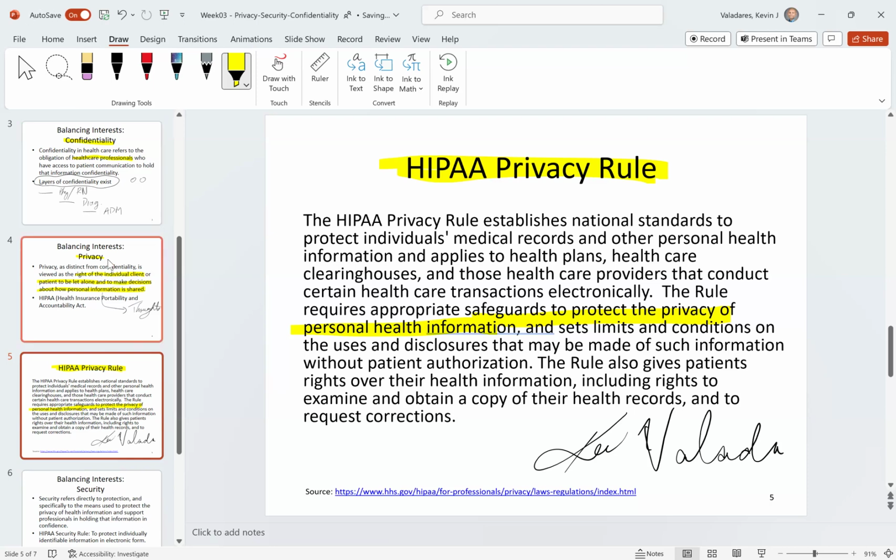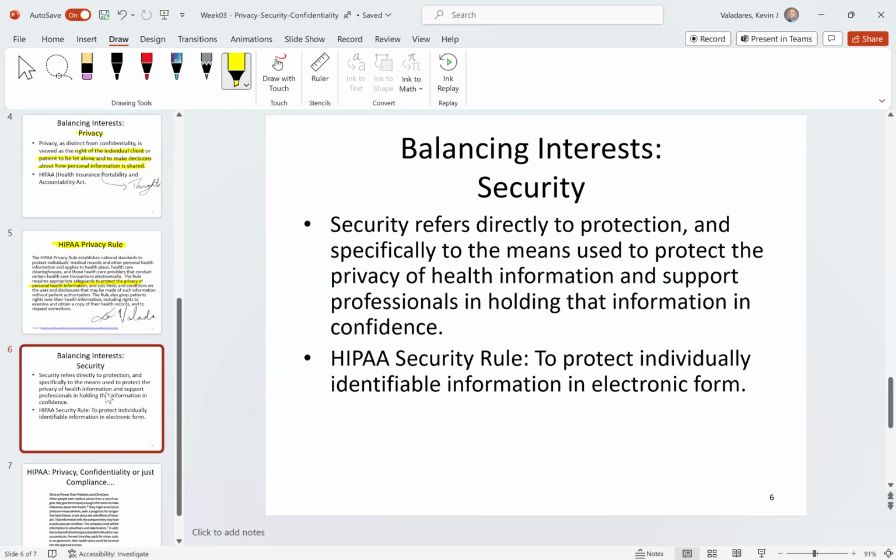So we want to be able to understand that, especially as we are definitely entering the area of artificial intelligence and how that really has changed a HIPAA law that was created in the mid 90s.